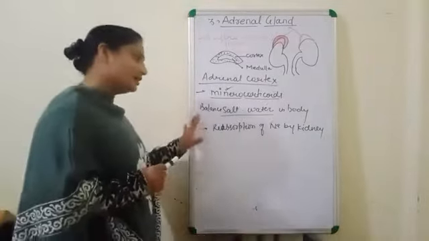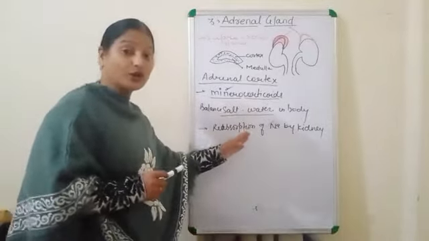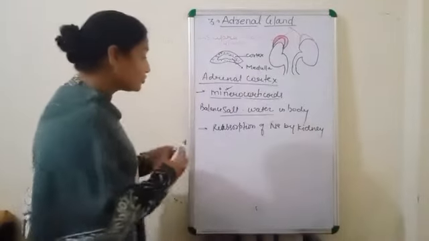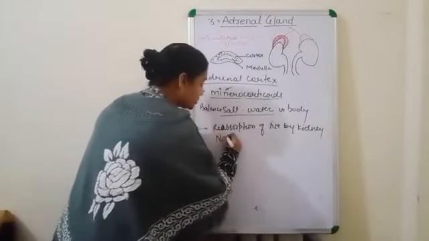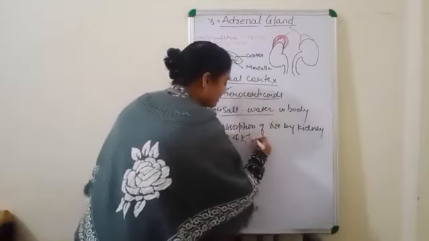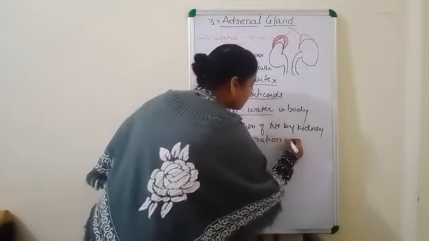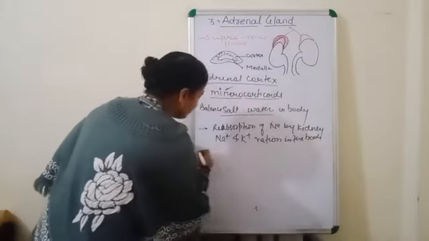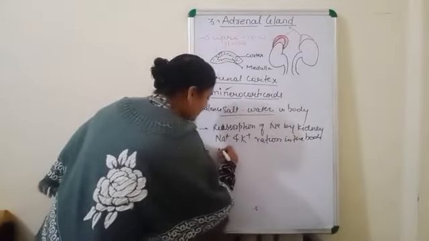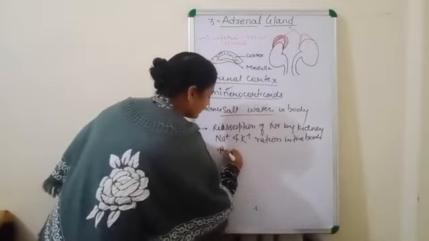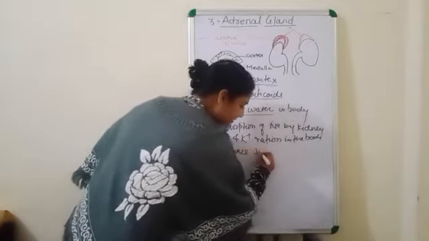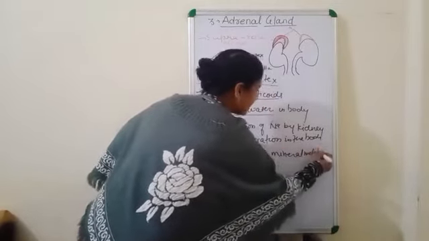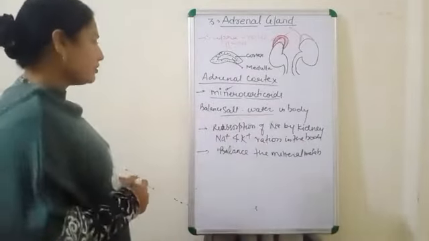It will help in the reabsorption of sodium salt by the kidney, and after that it is used to maintain the sodium and potassium ratio, the Na plus and K plus ratio, in the body. Then it also balances the mineral metabolism in the body.